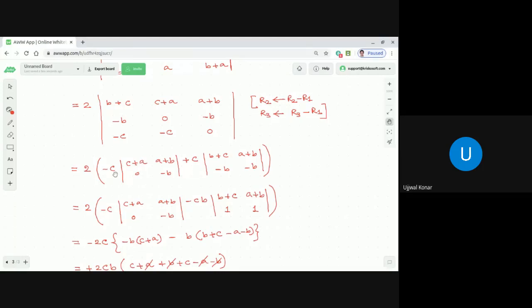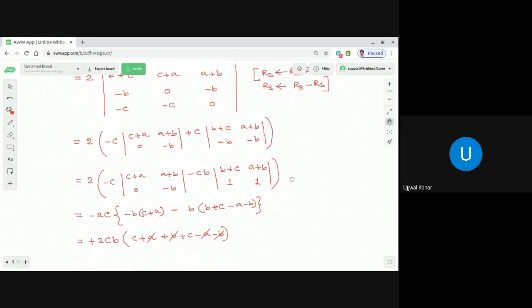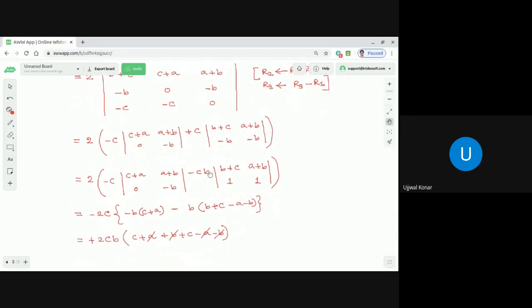Plus minus C, C plus A plus B, 0, minus B, plus C. Then we get B plus C, A plus B, minus B, minus B. Then we took minus B common, and here as it is, we took minus B common. Then we get B plus C, A plus B, 1, 1.